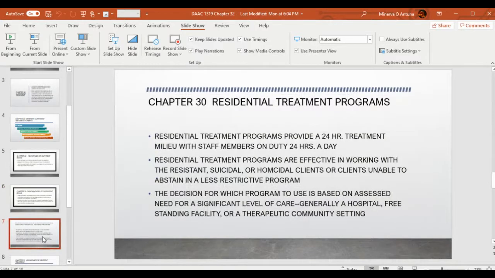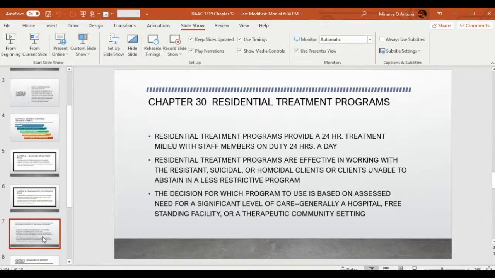So we're looking at residential treatment programs. And in the residential, the residential treatment programs provide a 24-hour treatment milieu with staff members on duty 24 hours a day.